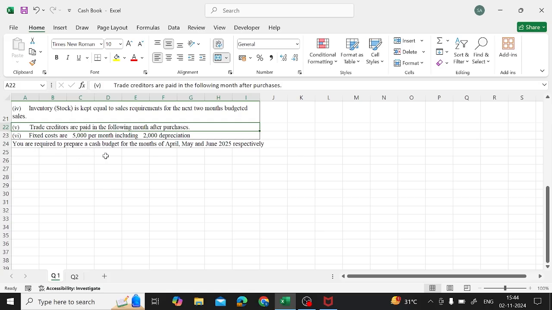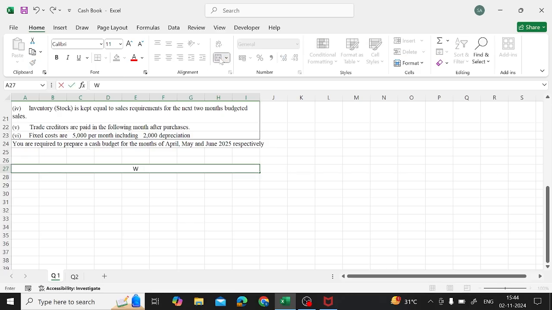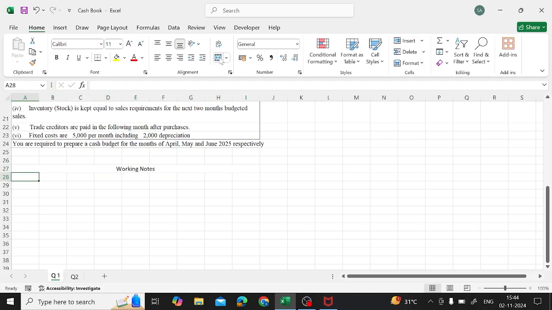Before that, we will do the working notes. I'm making the working notes here. We have been given the details for April to August.